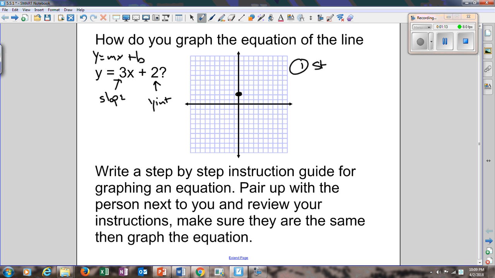So start at the y-intercept and make a dot, or a point, however you want to say it. From there, you go up 3, 1, 2, 3, and over 1, and make a dot there.